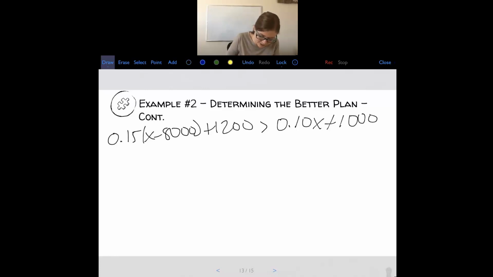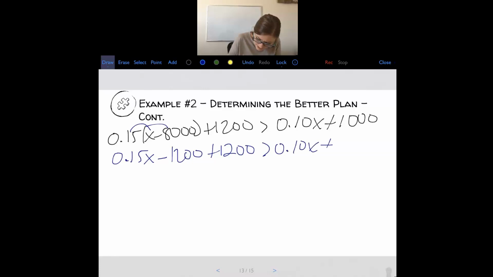So we'll first distribute the 0.15. So this is 0.15x minus 8,000 times 0.15, which is 1,200, plus 1,200 is greater than 0.10x plus 1,000. Okay, and so now we get our x's to one side, our numbers to the other, and then we can solve for x. So notice on the left-hand side, negative 1,200 and positive 1,200 cancel out.